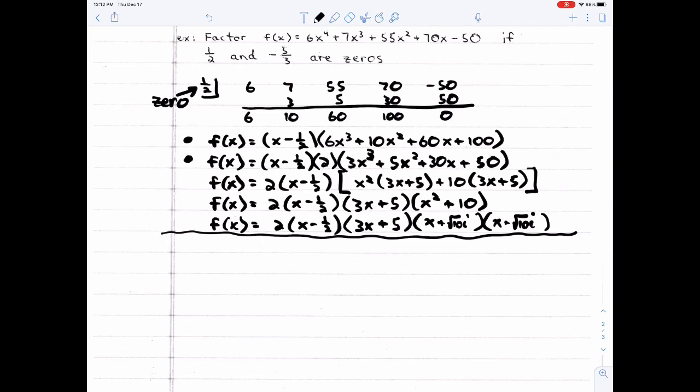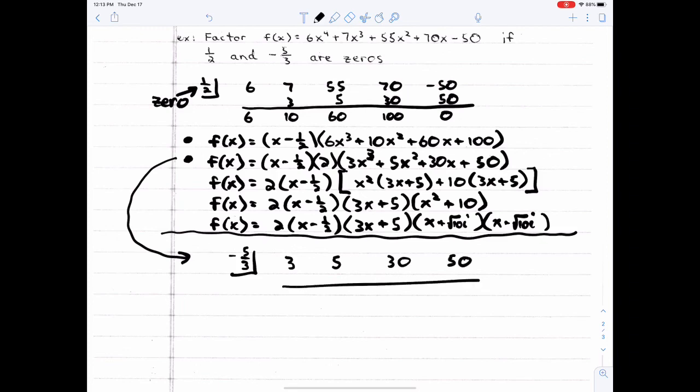So from this point forward, I'm going to divide the negative 5/3 into the 3, 0, 30, and 50. Okay, so we drop down the 3, multiply, get 0, multiply, get 30, multiply, and then get 0. Good. So what would that leave us with?